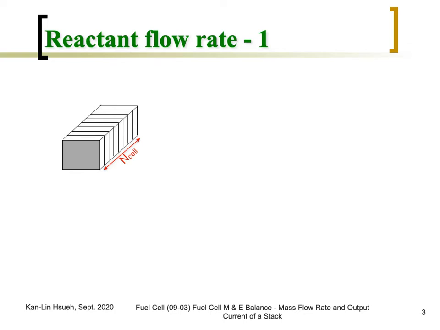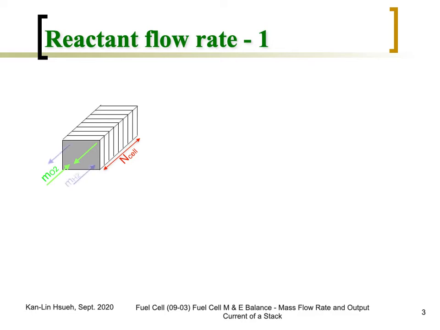Let's consider a stack. The stack will contain n cells, so many single cells stacked together in series. The oxygen flows in from the lower left-hand corner and out from the upper right-hand corner, with a mass flow rate of MO2.